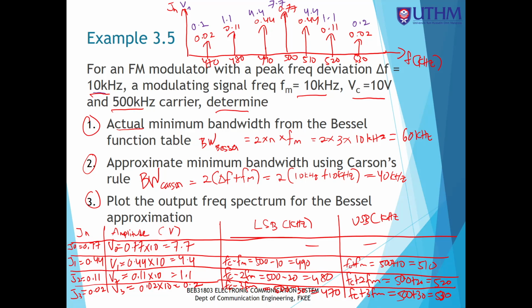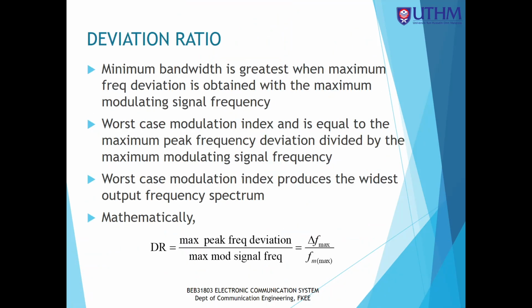Okay, so if there's no question, I will move to the next topic, which is deviation ratio, DR. DR is defined as what we call the worst case modulation index. Minimum bandwidth is the greatest when maximum frequency deviation is obtained with the maximum modulating signal frequency.